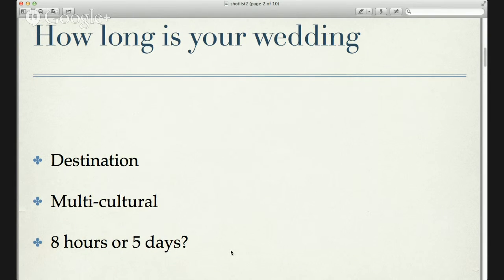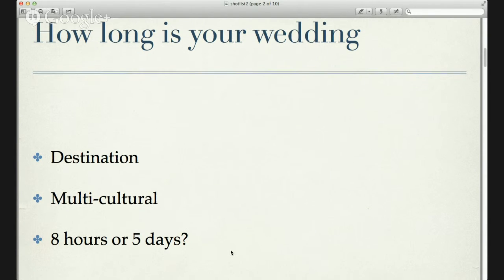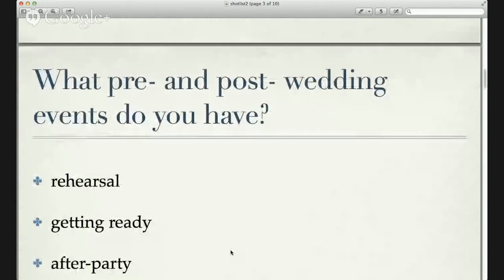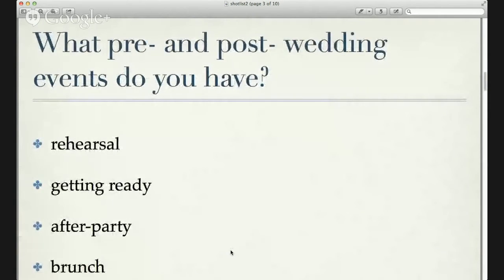The next slide. So the first thing, like I said, you want to look at is how long is your wedding. The next question you want to ask yourself is what pre and post wedding events do you have going on? At most weddings, you're going to have a rehearsal, you're going to have getting ready, you're going to have the after party. Of course, there's going to be portraits, the reception, the ceremony.